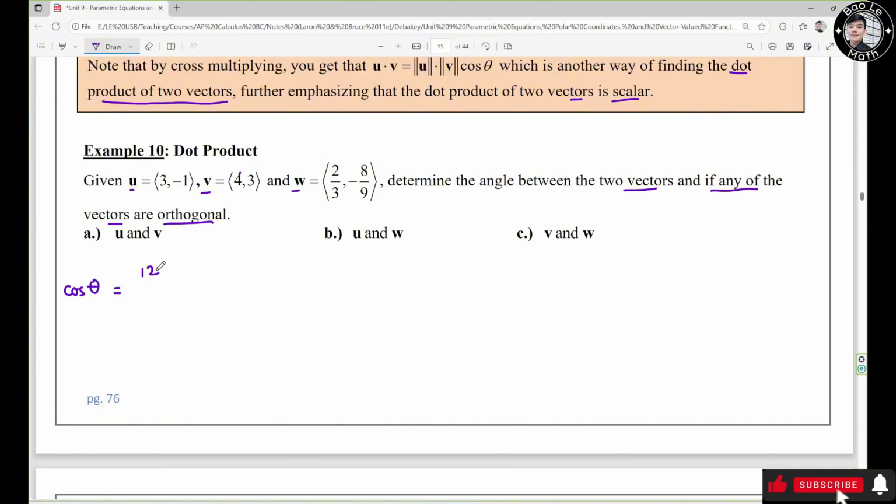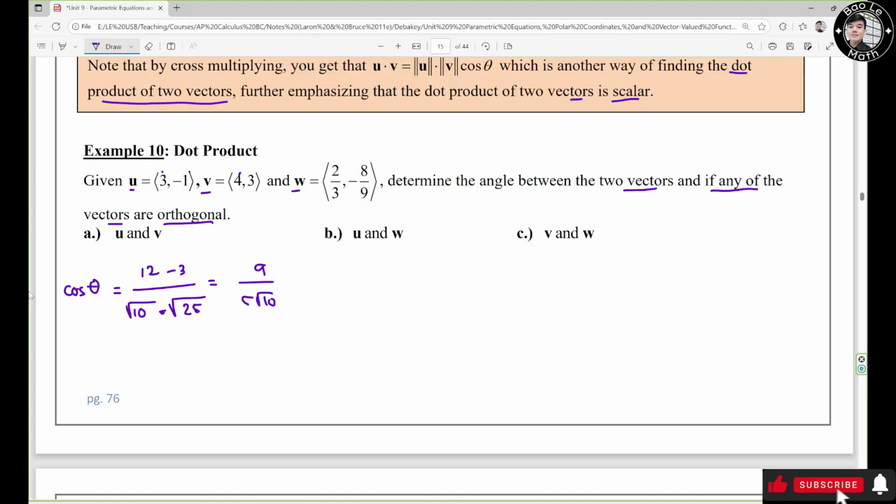Negative 1 times 3 equals negative 3, right? Divide by the square root of 3 squared plus 1 squared, which is the square root of 10, right? Times the square root of 4 squared equals 16, 3 squared equals 9, it's going to be 25, right? Now 12 minus 3 is going to be 9 over 5 root 10, right?